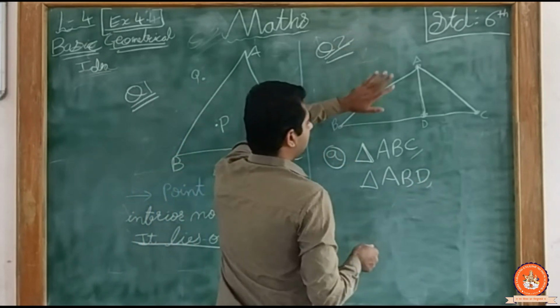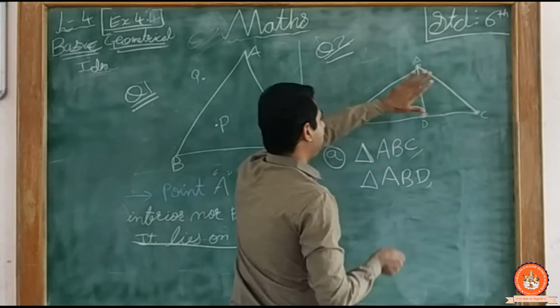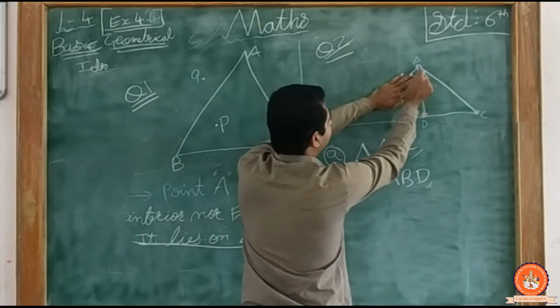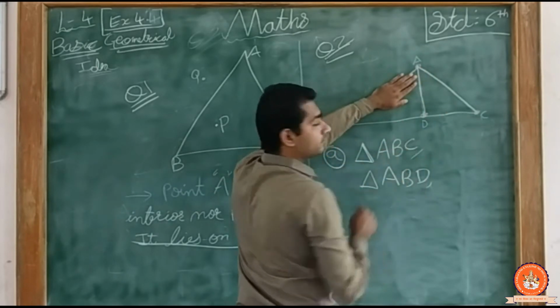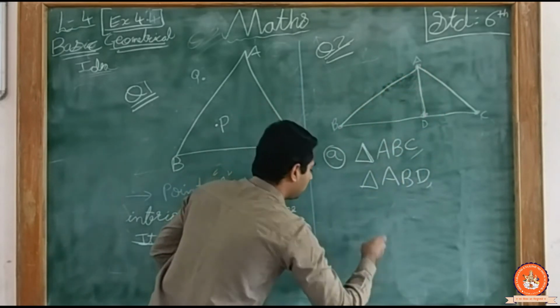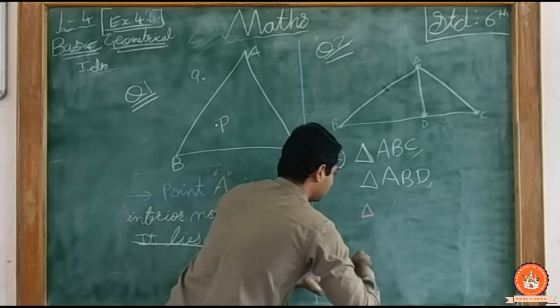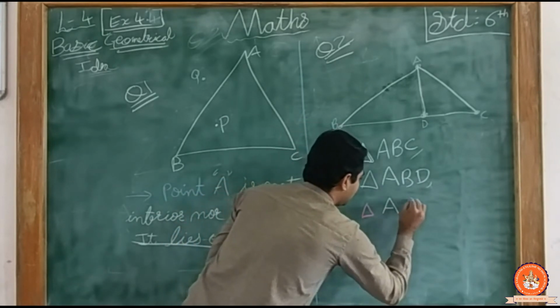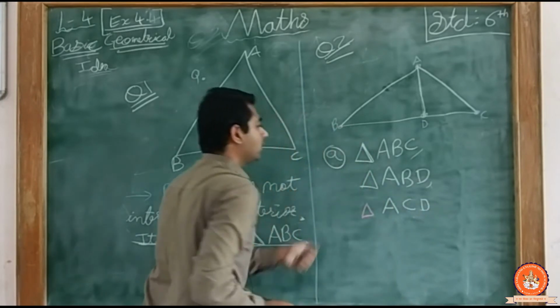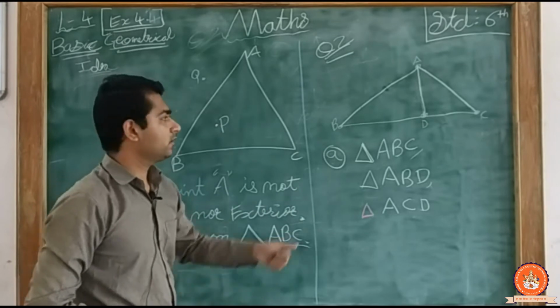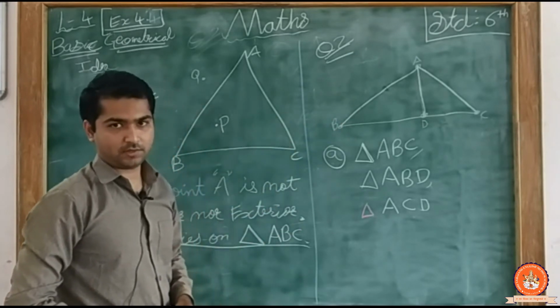Now after removing, or you can say hiding, this part, so this is my triangle ACD. So triangle ACD. So these are the 3 triangles which I formed from this figure.